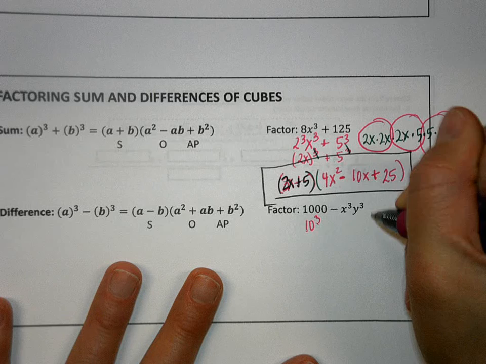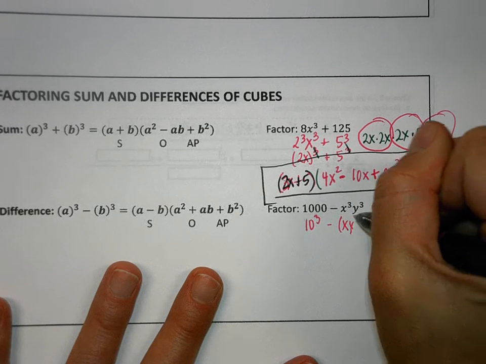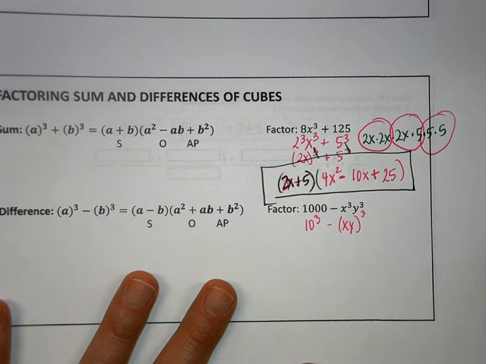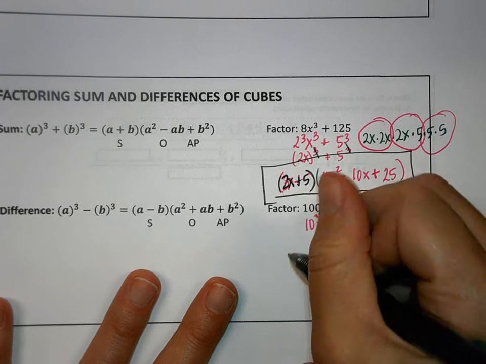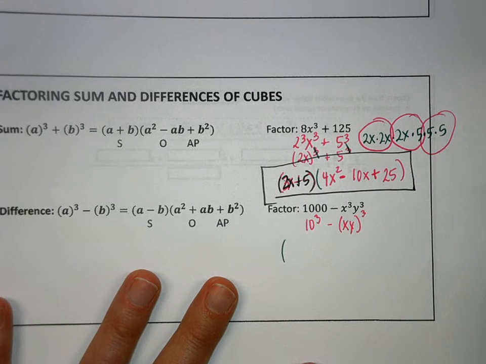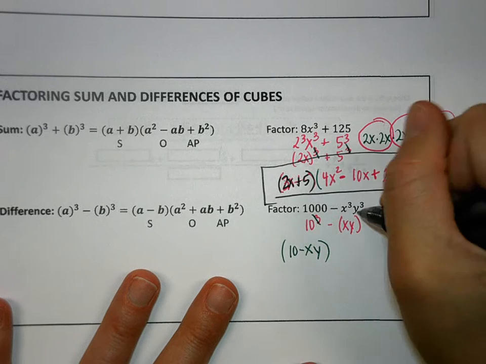Okay, and then we're going to put these together as a cube. So I'm going to write that as xy cubed. How will I write my first parenthesis? That's it, 10 minus xy. All we do is take off those cubes.